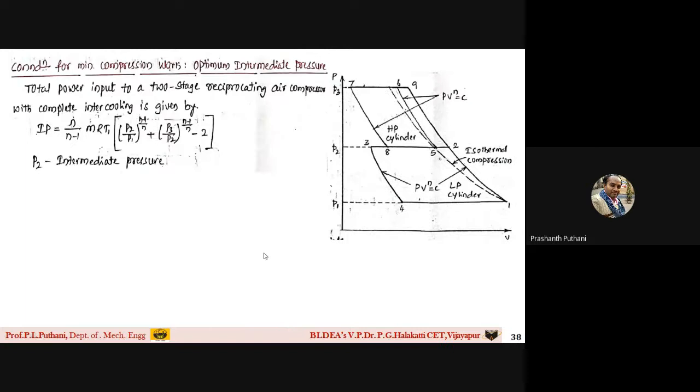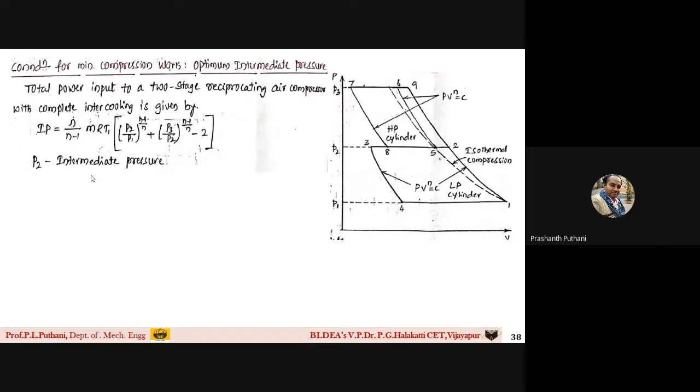Now, when we are doing this, we need to go for a minimum compression work input. That is, we need to calculate the optimum intermediate pressure. So the total power input for a two-stage reciprocating air compressor with complete intercooling, how can we calculate? We use this equation, students, which we have just now derived.